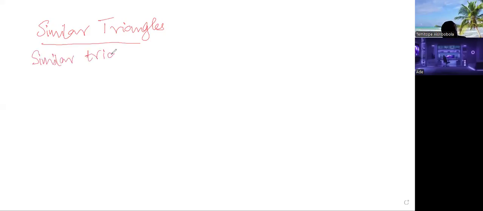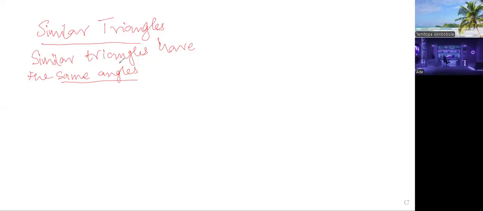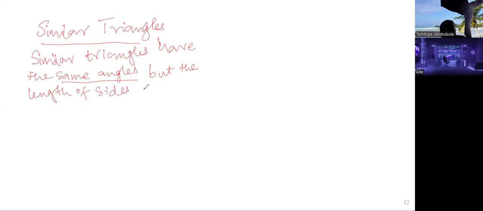Similar triangles have the same angles, but the length of sides are different.